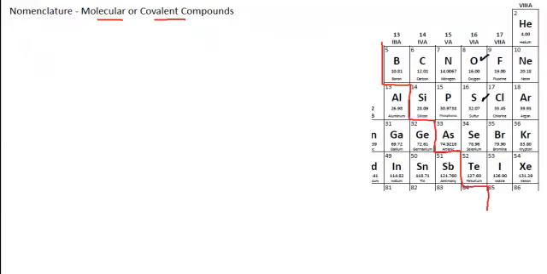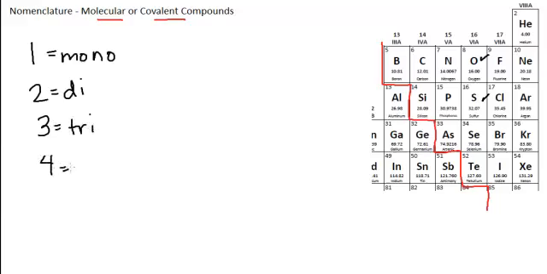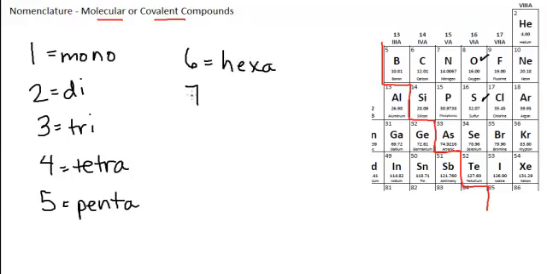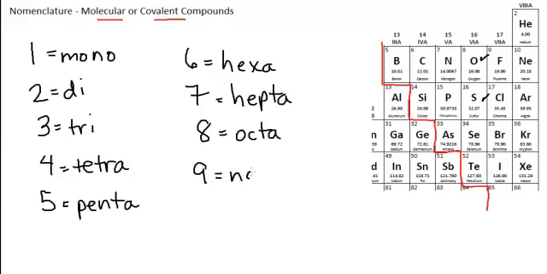Let's go over the prefixes very quickly. 1 is mono, 2 is di, 3 is tri, 4 is tetra, and you can find tables of these. Google them if you need to. These are the prefixes for covalent nomenclature. 5 is penta, 6 is hexa, 7 is hepta, 8 is octa, 9 is nona, and 10 is deca.